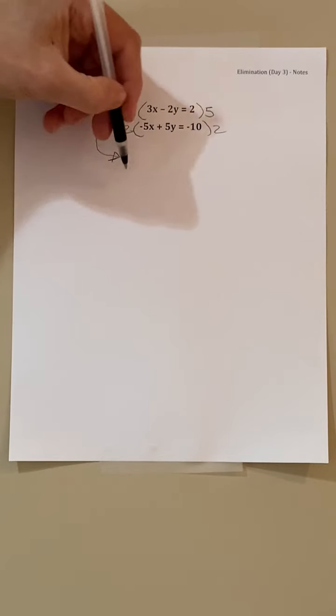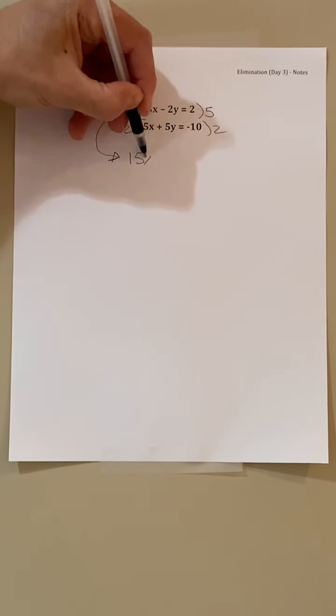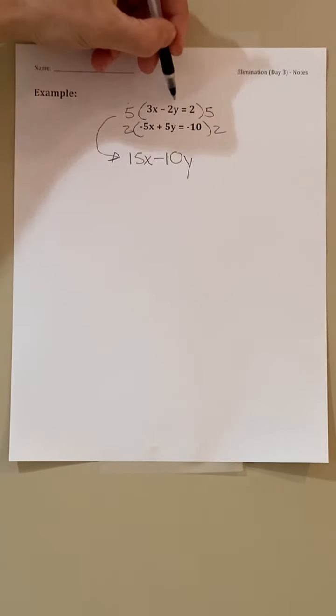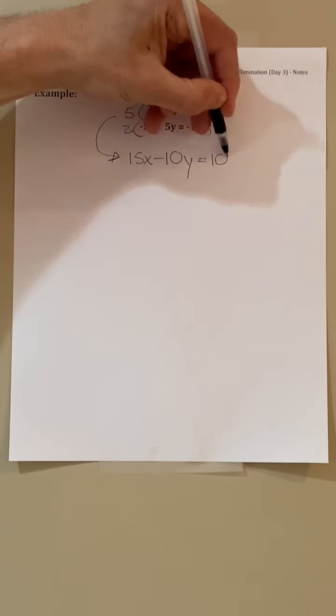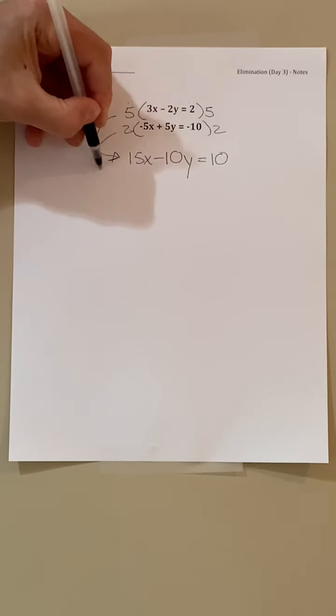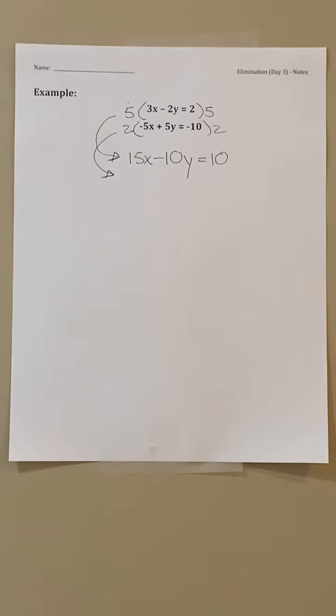So now let's do the multiplication and find our resulting equations. My first equation becomes 15x minus 10y equals 10. That's what we get when we multiply our first equation by 5. Let's look at our second equation.